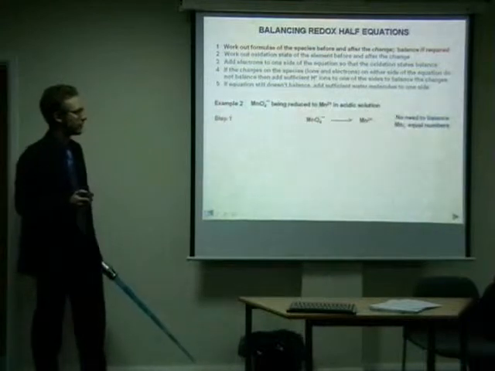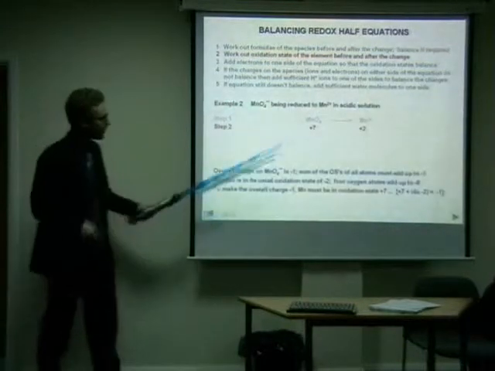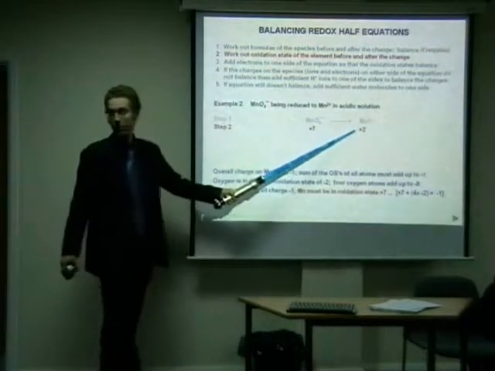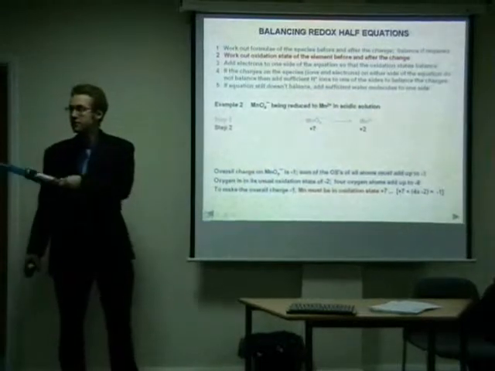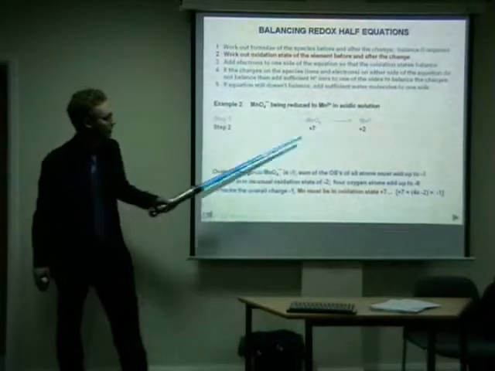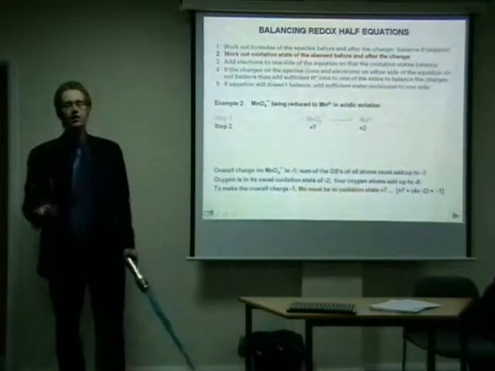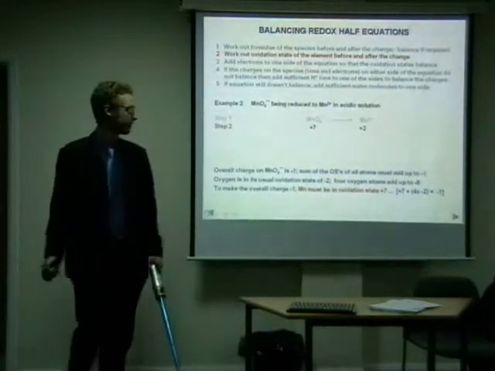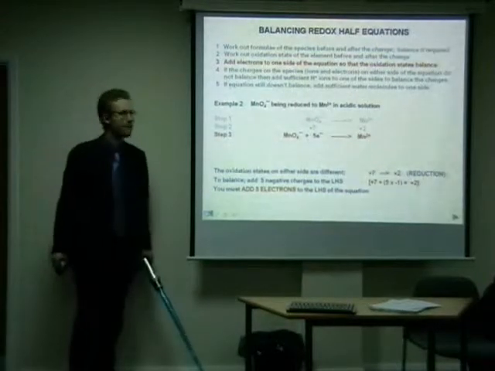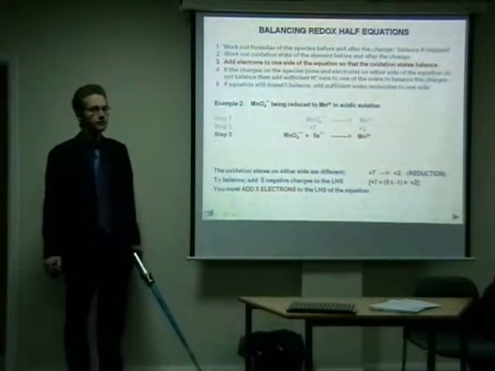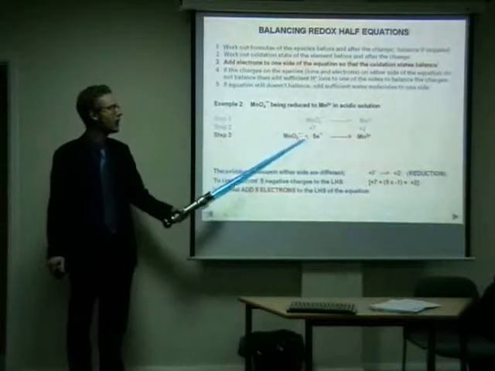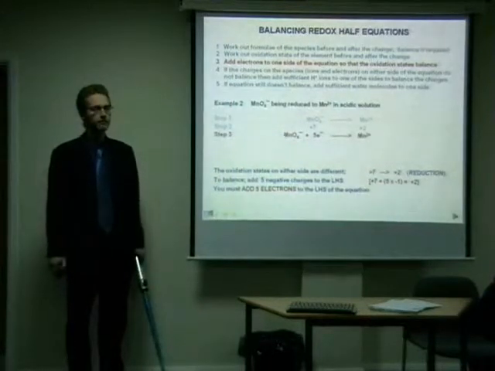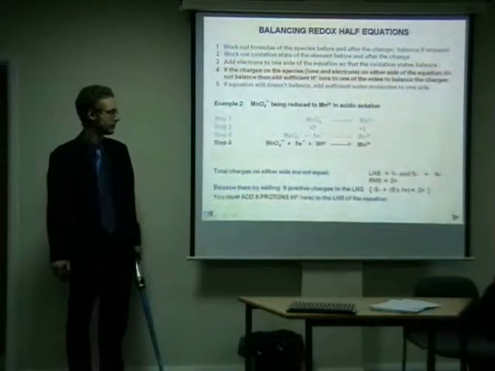So, here we have something going from +7 to +2. From +7 to +2. How many electrons do you need to go from +7 to +2? 5. There they are. Okay? Is that even close to a balanced equation? No.